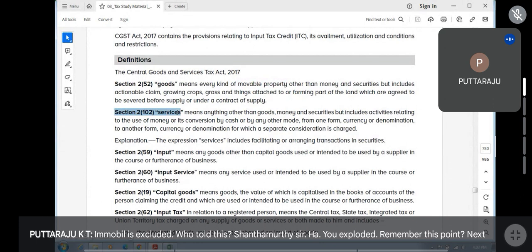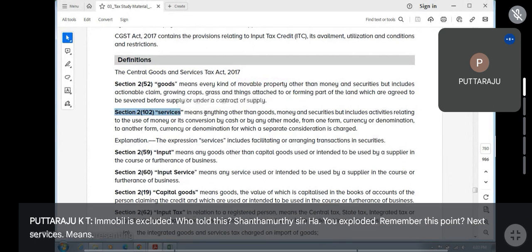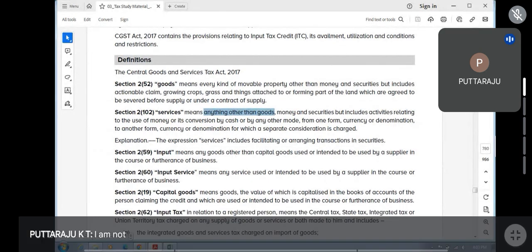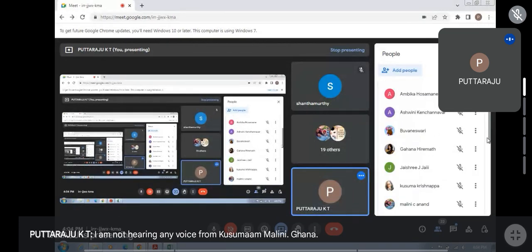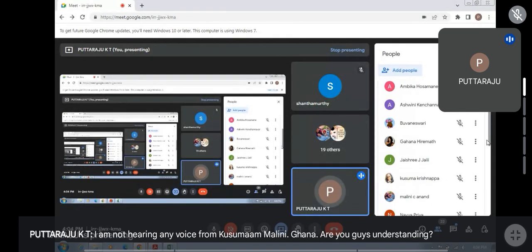Next, services means anything other than goods. What does it mean? I am not hearing any voice from Kusuma, Malini, Gahana. Are you guys understanding?